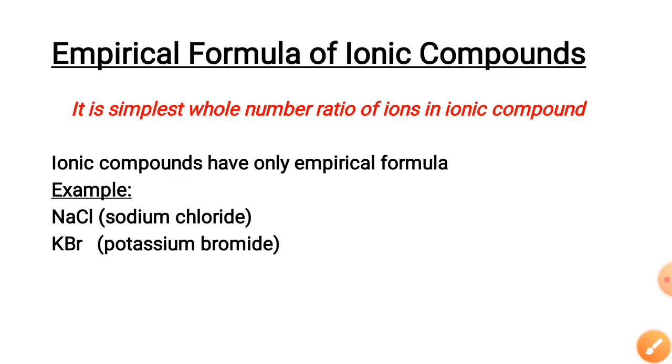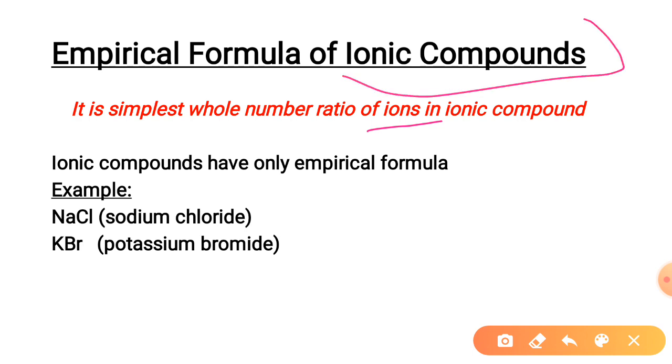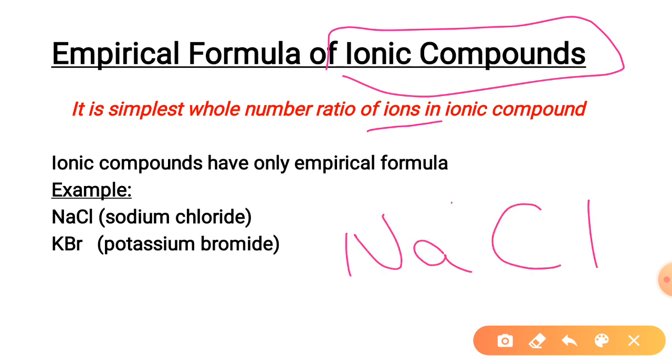Empirical formula of ionic compounds is the simplest whole number ratio of ions. Here we are talking about ions, because in ionic compounds ions exist, not atoms. Sodium chloride. Yes, sodium is positively charged and chloride is negatively charged, definitely, and we are not writing the charge symbols, that Na is positive and Cl is negative.